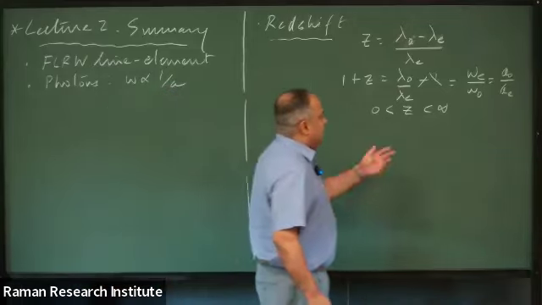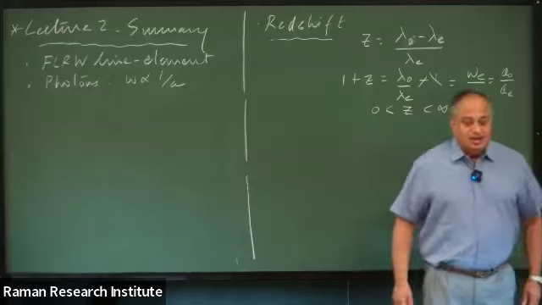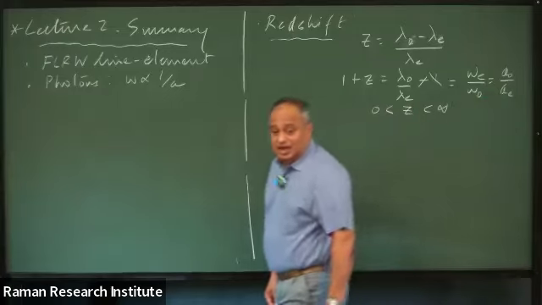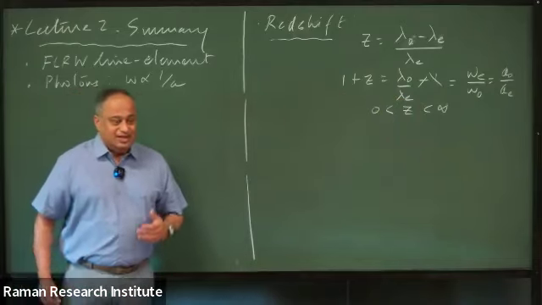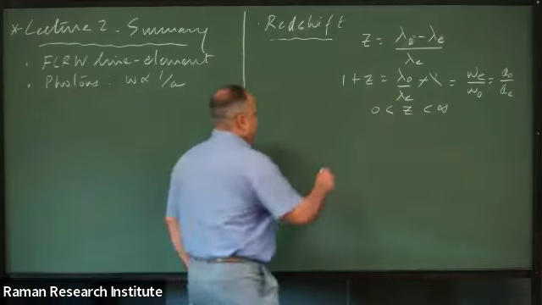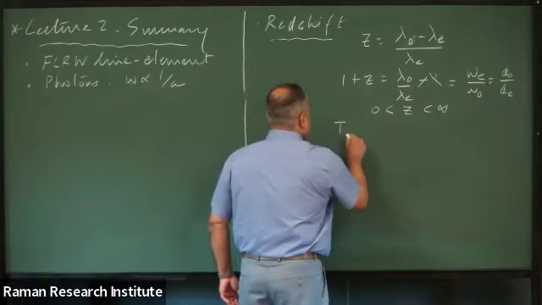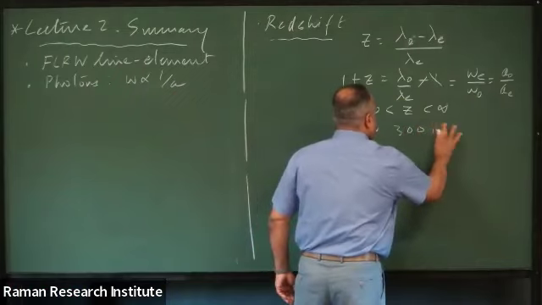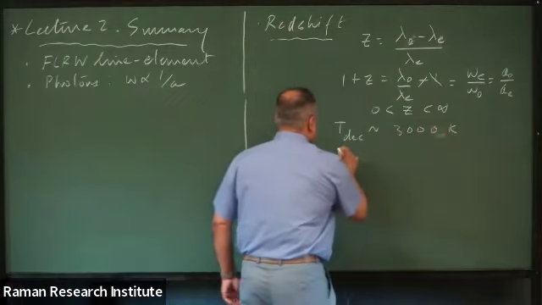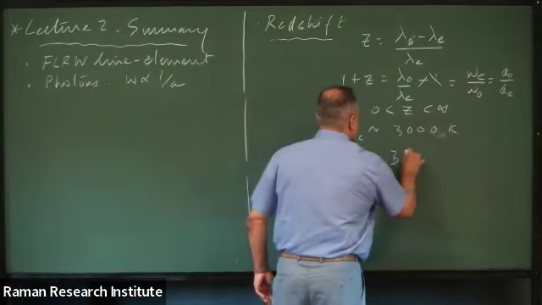And you can immediately, for instance, determine the redshift at the time of decoupling. I will not have time to discuss decoupling in detail, but I have indicated when decoupling occurs. The temperature at decoupling is like 3000 Kelvin, and T today, T naught, is like 3 Kelvin.